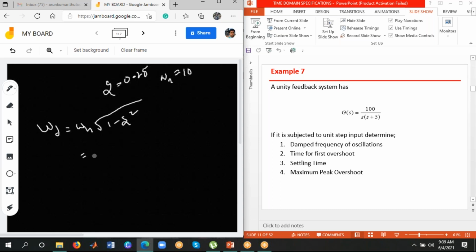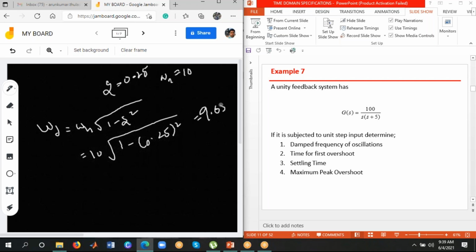So omega n is 10, square root of 1 minus 0.25 square. And what is the omega d value? So I got 9.68.